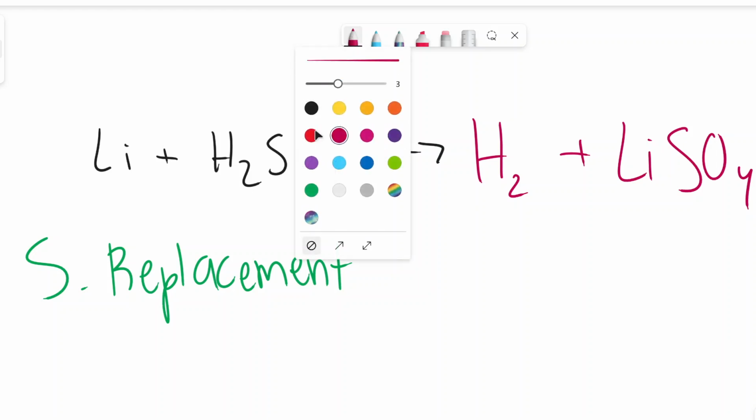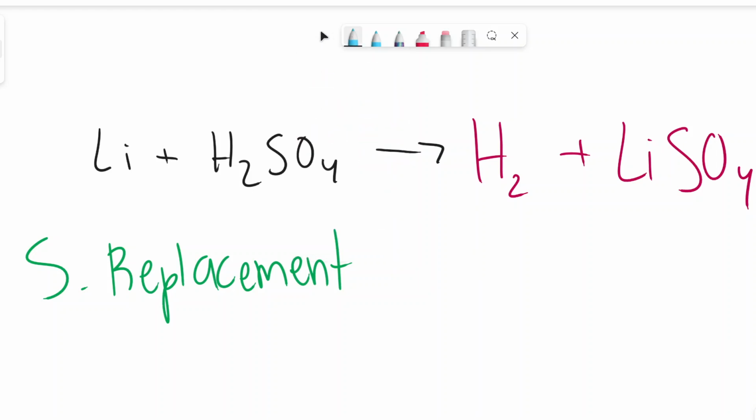Now, we're going to be looking at the charges. So the charges for sulfate is going to be +2 if we uncrisscross. So it's going to be a -2. Hydrogen is always going to be +1, and lithium is also going to be a +1. If you look at the periodic table and its group, it's an alkali metal, so it's going to have a +1. So we're going to put a +1 here.